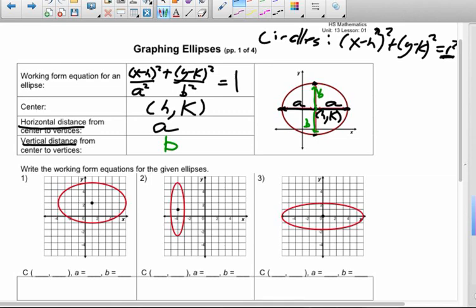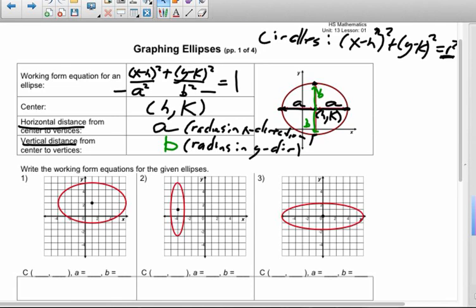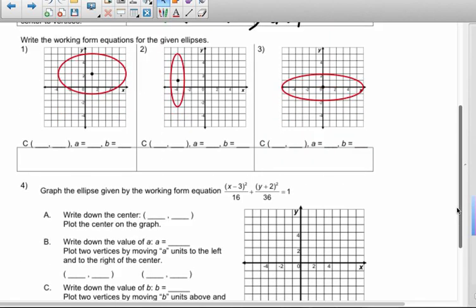So really, if you want to think about it, this is sort of like the radius in the x direction, and this is the radius in the y direction. And as you can see, we put the radius in the x direction underneath the x term, the radius in the y direction underneath the y term. Okay, so here's the basic vocabulary you're going to need. So now let's go in and work a few examples on how to do this.